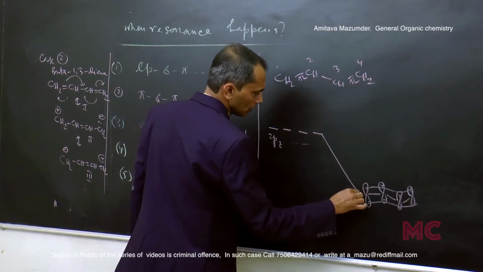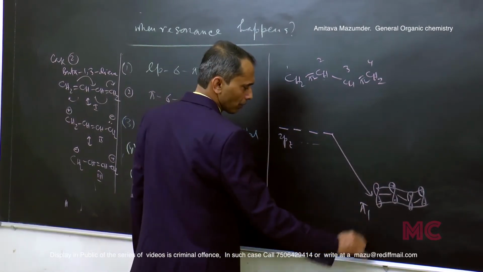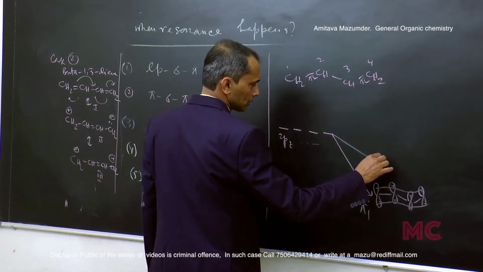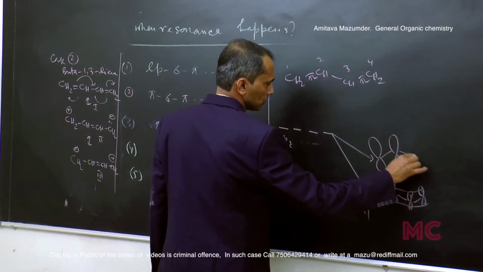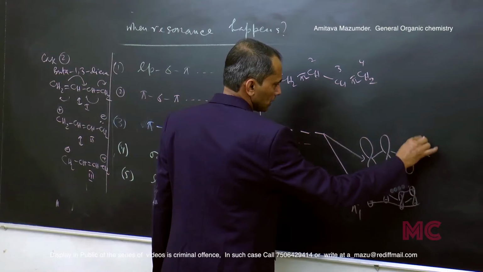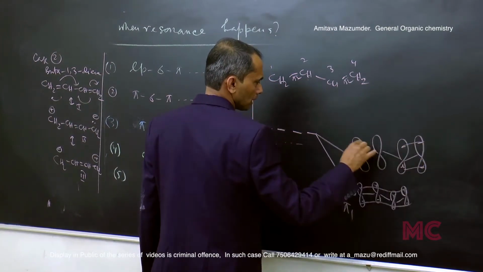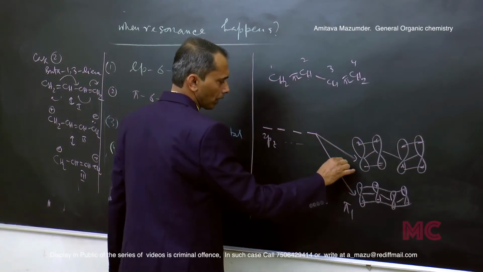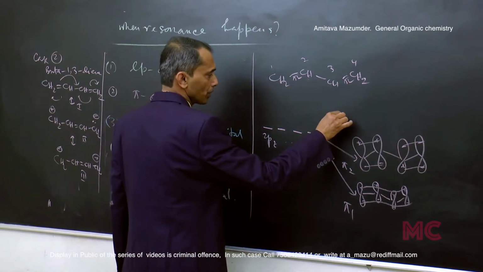This situation gives the bonding MO, which is pi 1. It can also happen like this: minus, minus, plus, plus. So there is a pi bonding MO, plus, plus, minus, minus, and this is pi 2. These are all bonding MOs. Now you can go to the anti-bonding MOs.